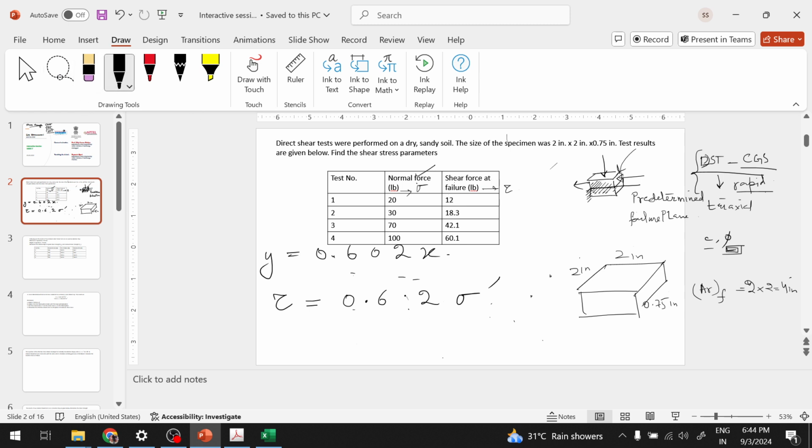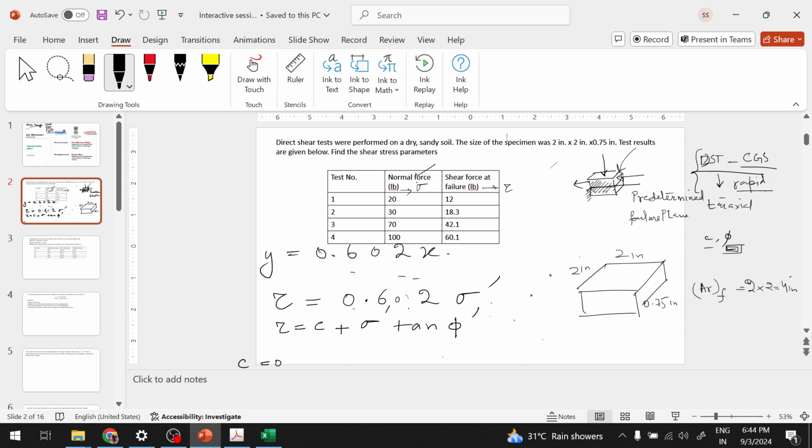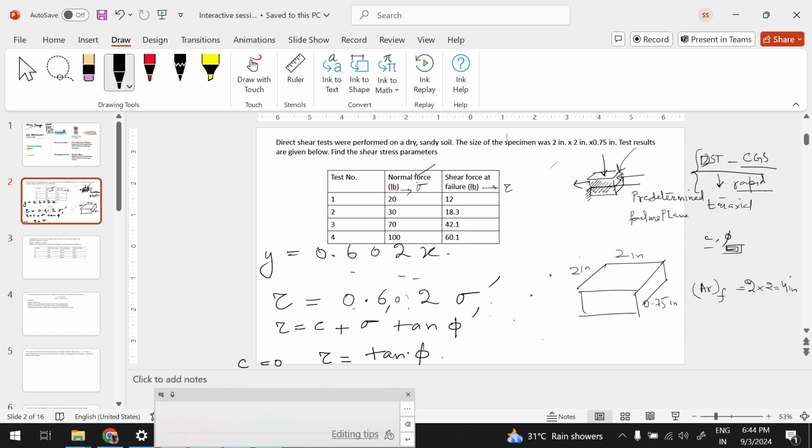We know the equation tau is equivalent to C plus sigma dash tan phi dash. Now C equals 0 here, then tau over sigma dash equals tan phi.